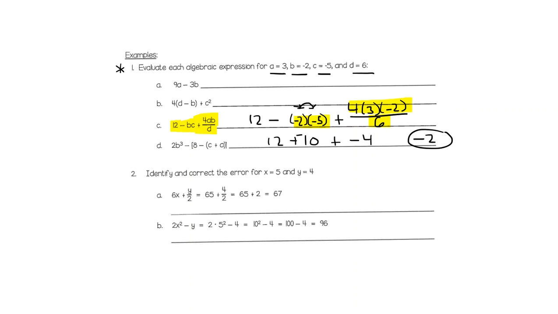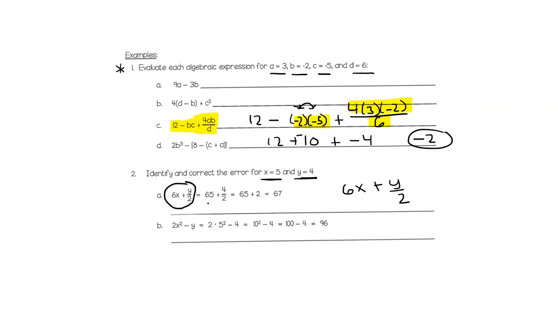Okay, on this next part, we are supposed to identify and correct the error if x equals 5 and y equals 4. So remember, your very first step is to take the original expression that you've been given, and then substitute the values of the variables. So let's see if that was done correctly. This was 6 times x plus y divided by 2.